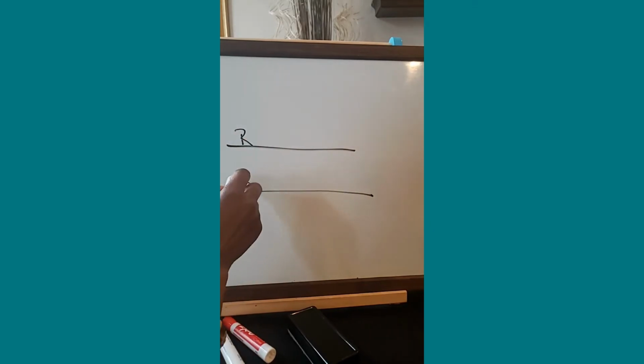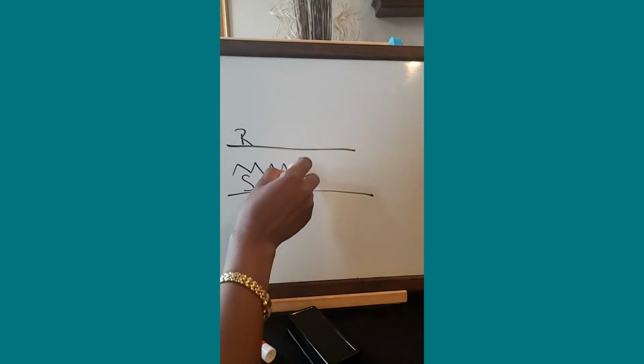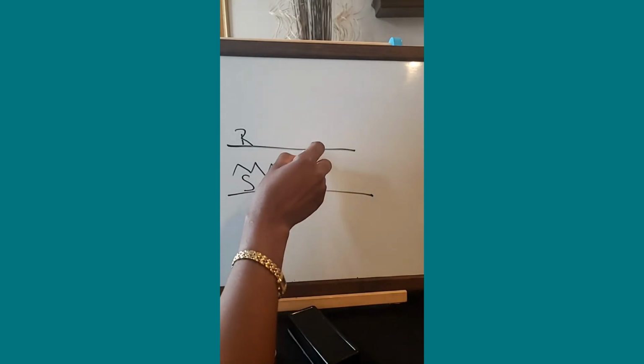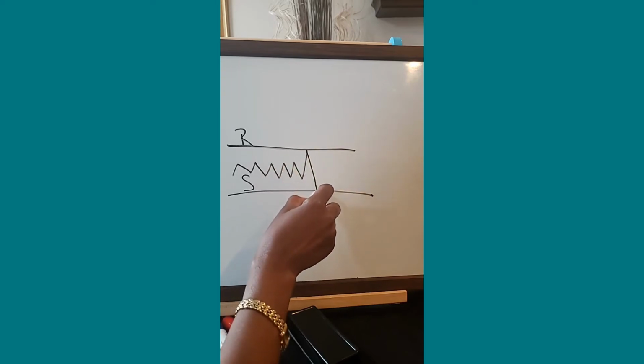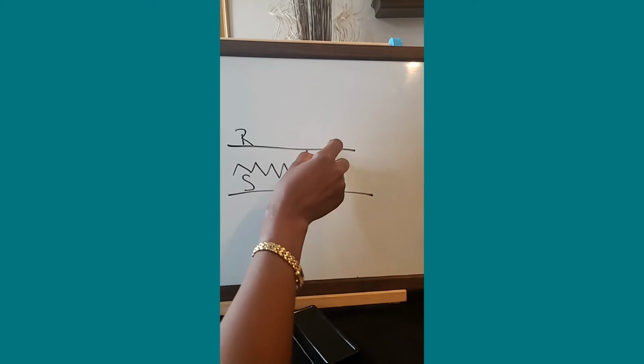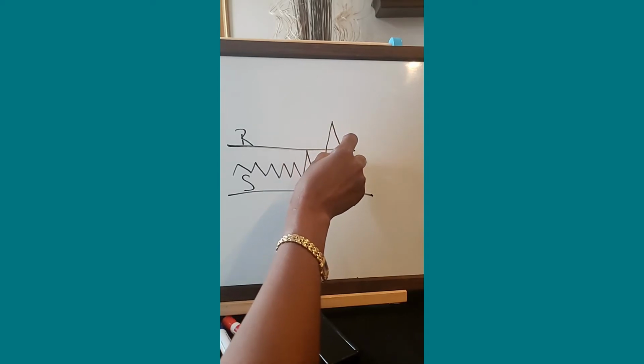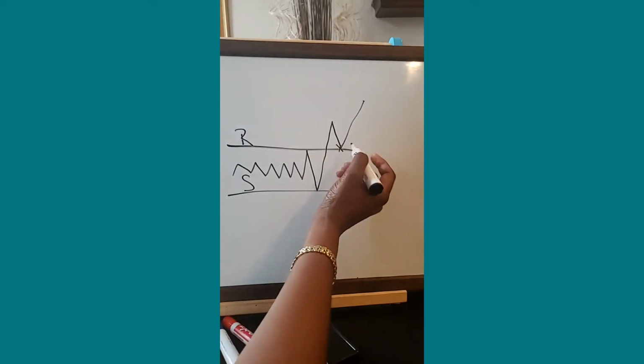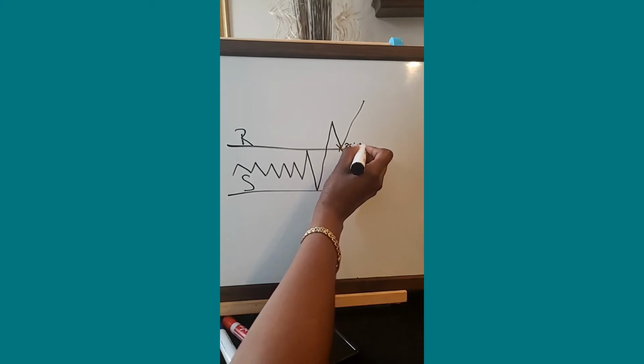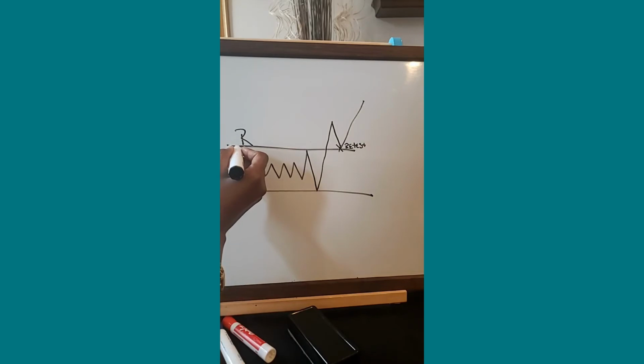Okay, say price is going sideways and it comes up to resistance, comes down to support, comes up to resistance, breaks resistance, comes back down to test resistance, and continues to the upside. Then this would be a retest of the resistance level.